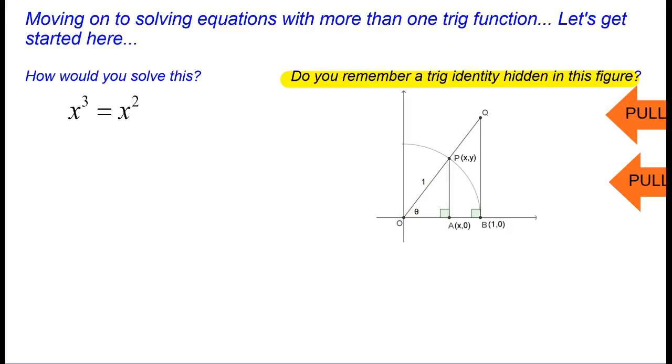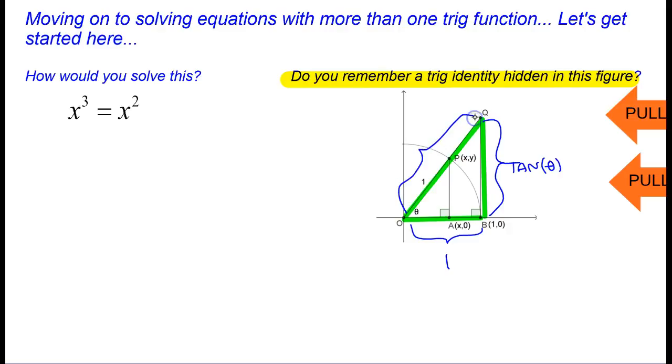The one that we saw that was a little more obscure was this leg squared plus this leg squared equals the hypotenuse squared. I'm going to relabel these sides for you because you're going to see this one again very shortly. This side length here is 1. This side length here is tangent of theta. And the hypotenuse, this entire length here, is secant of theta.